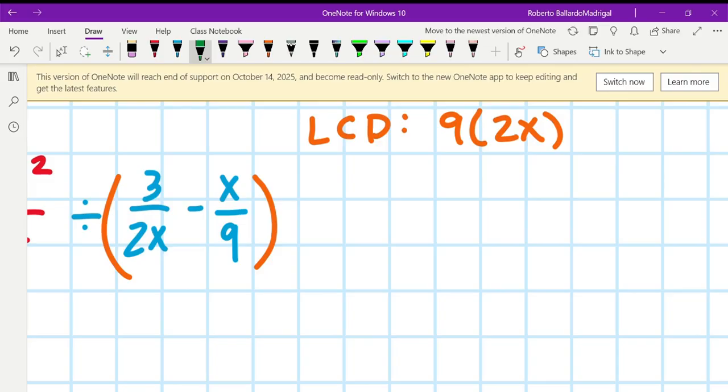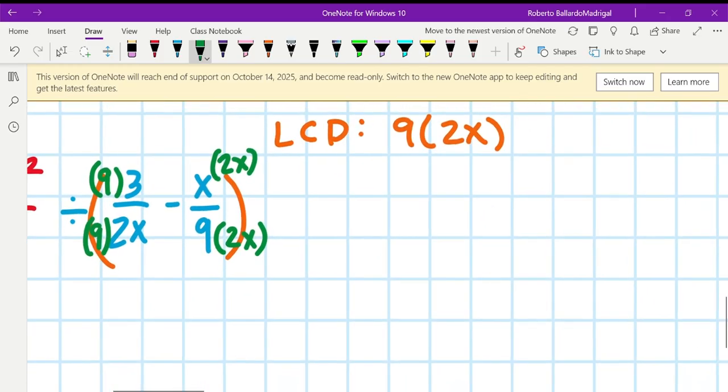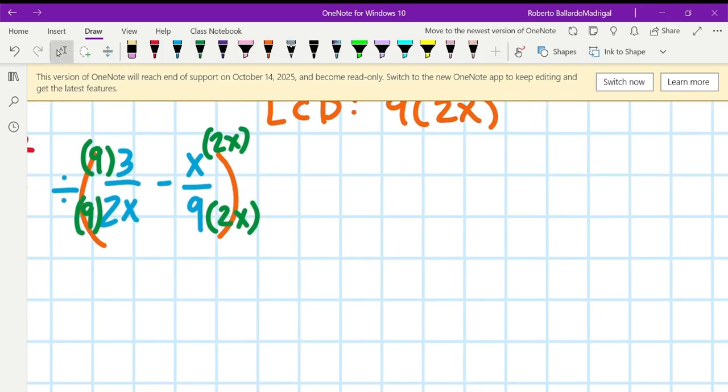So if that's the LCD, what do you guys think I'm going to multiply the first fraction by to get it to my LCD? By 9. And what am I going to multiply the second fraction by to get to the LCD? Well, it's whatever I don't have, which in this case would be 2x. Okay.